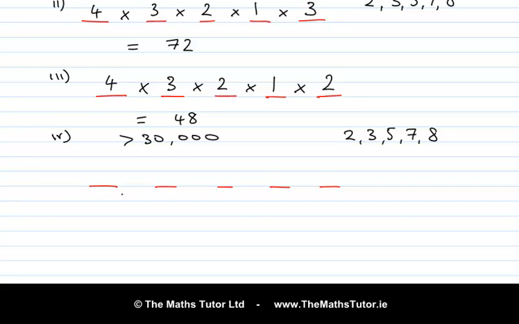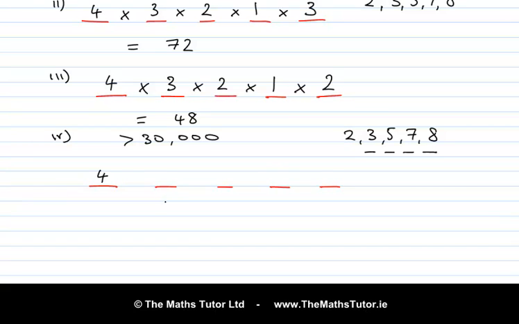If we put a 3 there, it will be greater than 30,000 as long as we don't have zeros in here, and we won't have zeros here. So as long as it's a 3, a 5, a 7 or an 8, then the number is going to be greater than 30,000. So we have 4 choices here.